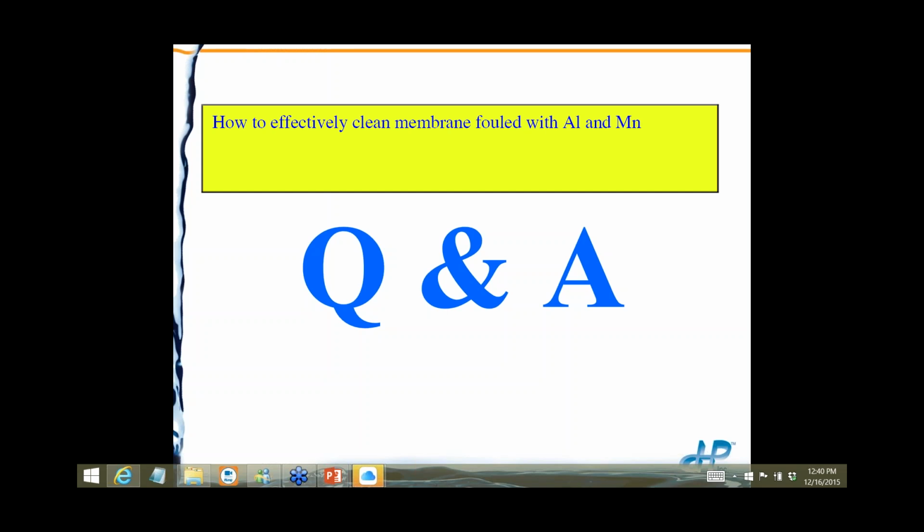How to effectively clean membrane fouled with aluminum and manganese. I've only run into the aluminum. I have not personally run into the manganese. On that one, I would use a proprietary cleaner that's specific to either aluminum or manganese.